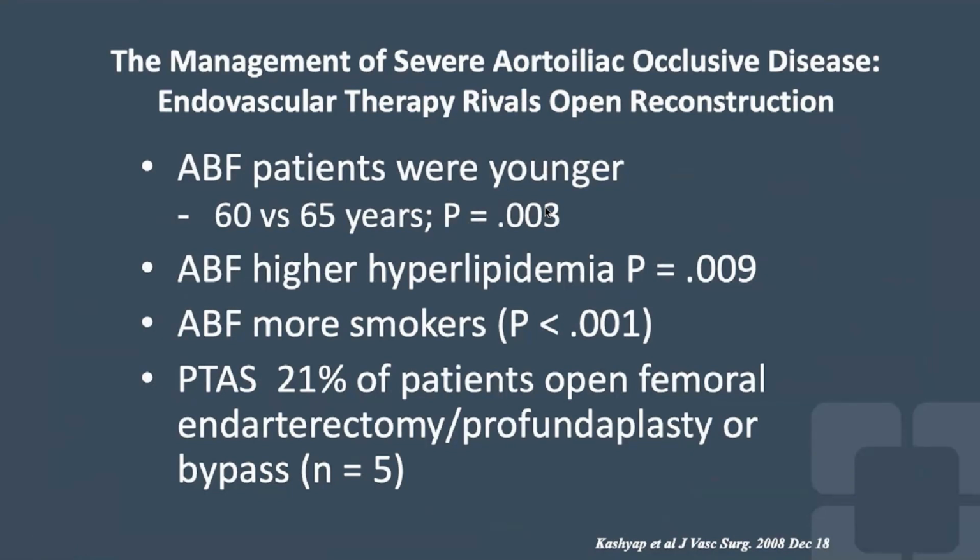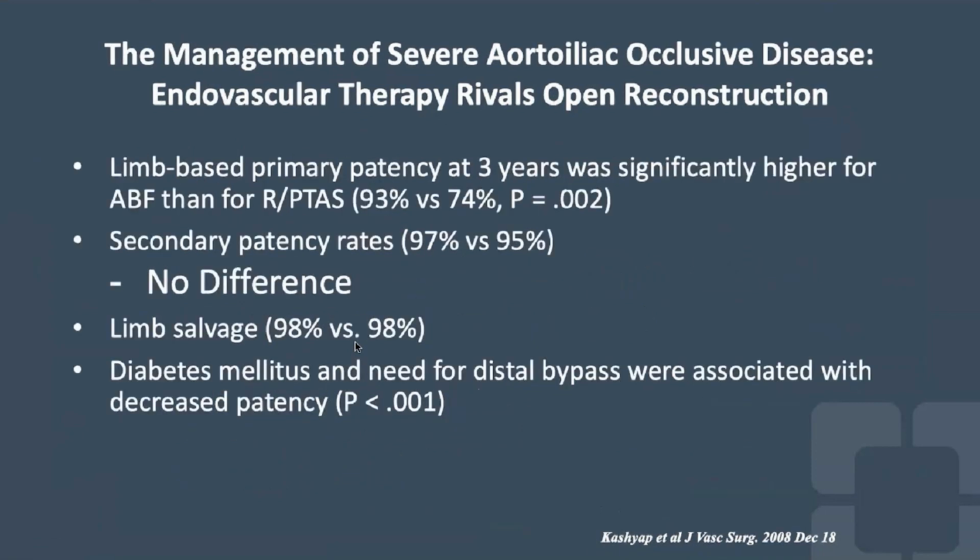With the ballooning, we noted again that about 21% of these patients, a fifth or a quarter, needed open endarterectomy and profundoplasty with their bypass to improve on the endovascular results. When you look at their limb-based primary patency at 3 years, it was significantly higher for the aortobifem at 93% versus 74%, and that's significant.